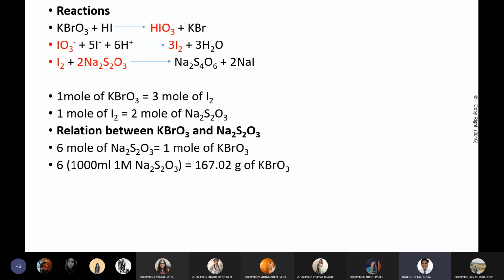When converting from moles to grams, what we need to consider is the number of moles multiplied by the molecular mass. For KBrO3 the molecular mass is 167.02 gram per 1 mole, so it will be 167.02 gram. Now what comes next in the reaction?